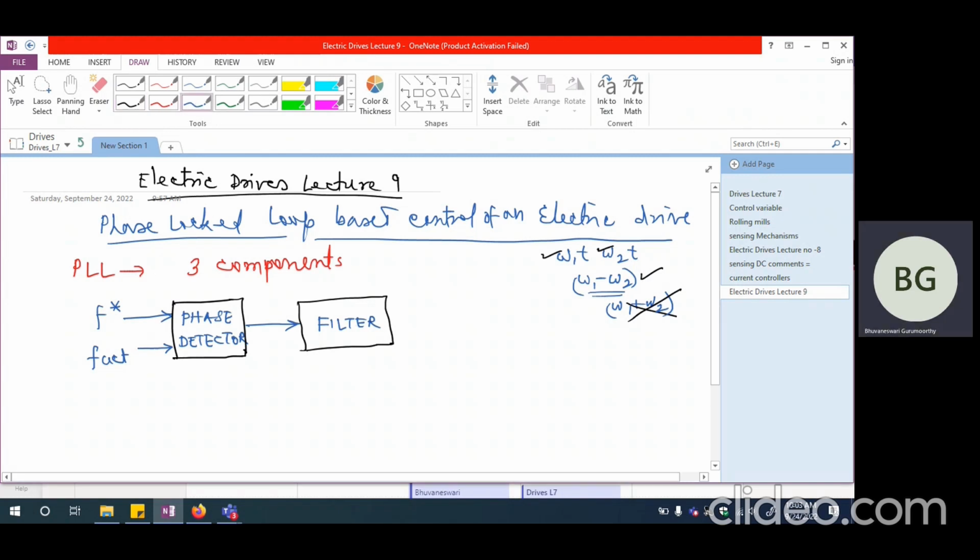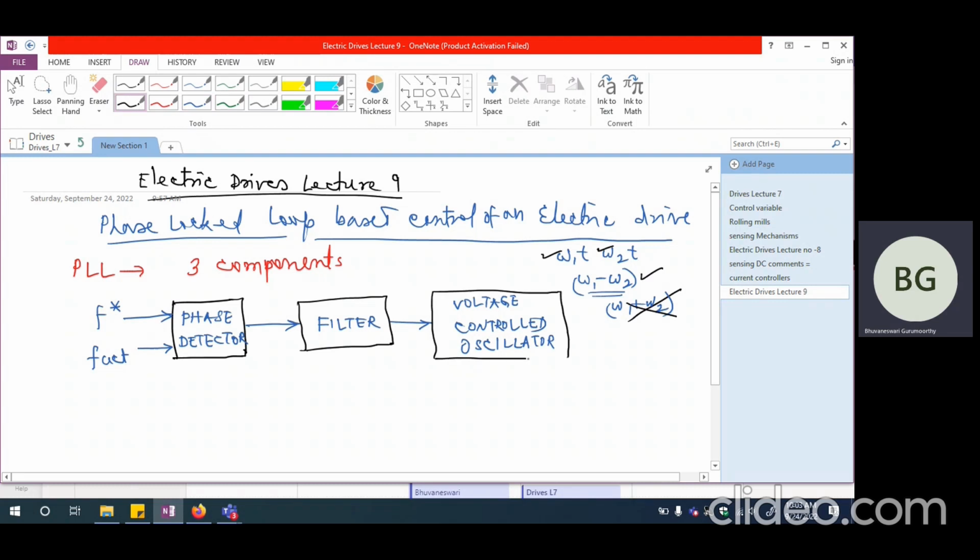Now, the output of this filter will be given to a voltage controlled oscillator, VCO. The voltage controlled oscillator, as the name indicates, will give out a frequency which is proportional to the input signal.